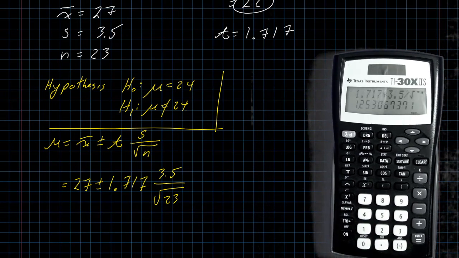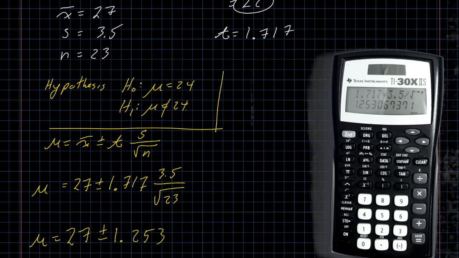My calculator gives me 1.253. So we get that mu is equal to 27 plus or minus 1.253.